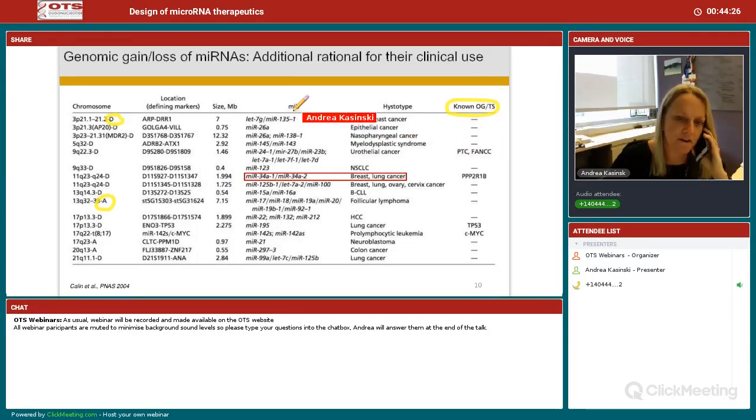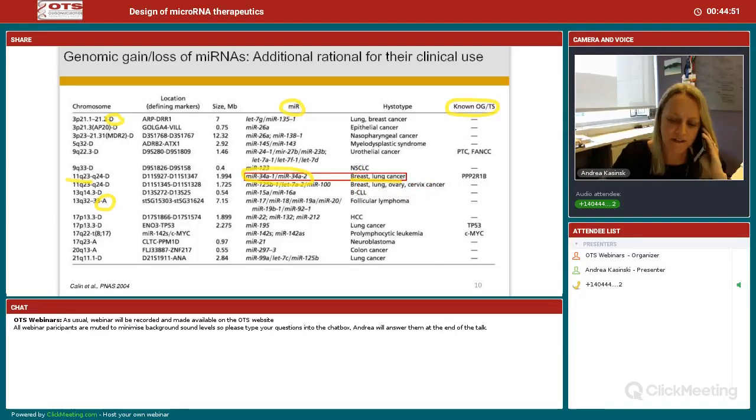And what George and Carlo found out was that within these regions are many microRNAs. In particular, there's a chromosomal region, 11q23, that is often deleted in both breast and lung cancer. And within that region were 2 isoforms of miR34.